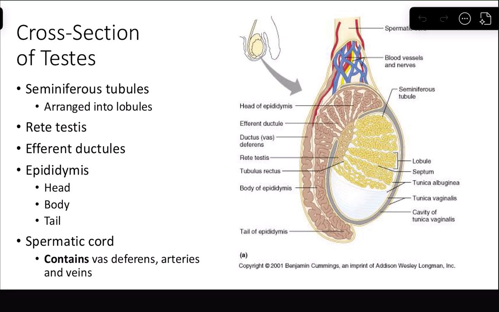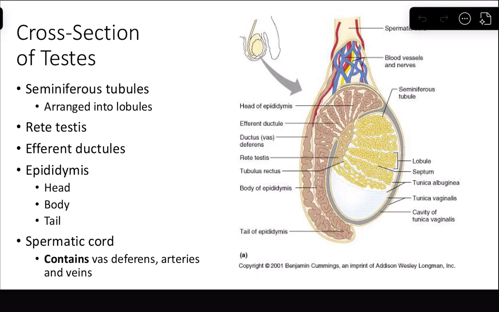Now, let's take first a look at what is over here and called the ductus deferens, aka the vas deferens. This is another word for sperm duct, pretty much. And this is going to be arching superiorly from the epididymis. It is going to pass through the inguinal canal into the pelvic cavity.